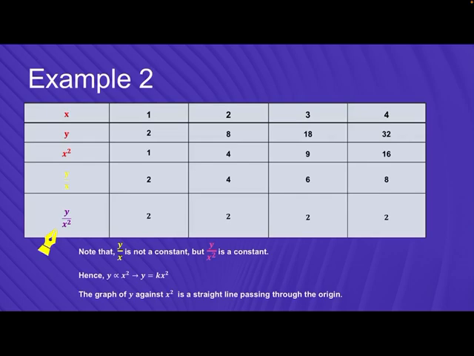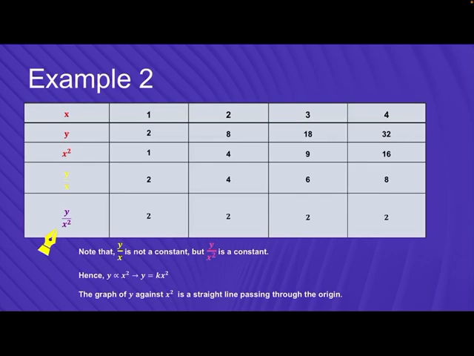When x equals 1, y equals 2. When x becomes 2, y becomes 8. When x becomes 3, y becomes 18. So do we still call this direct variation?